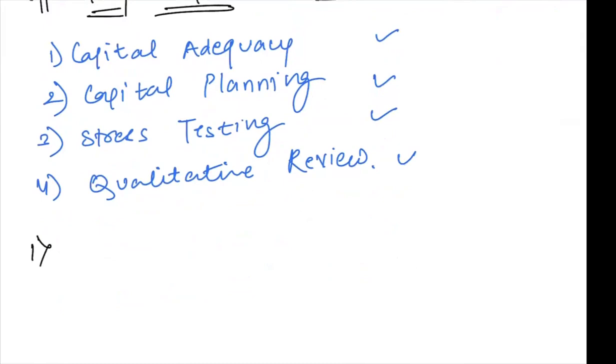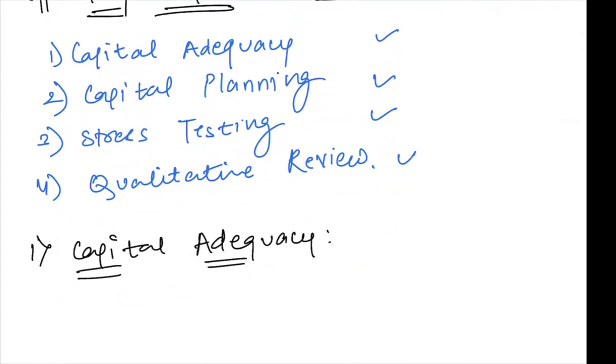What is capital adequacy? See, capital adequacy is nothing but banks in general should demonstrate that they have enough capital to cover all the potential losses and can continue their operations. Okay. So if you see the English words also, capital adequacy, there should be enough capital, adequate capital, right? So it's the same thing.